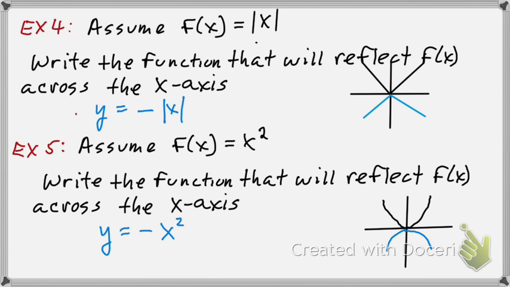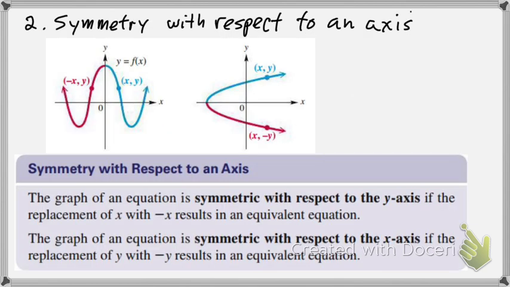Okay, let's look at that in a slightly different context. Same idea. You don't have to write this down. Just think with me here. If we look over here on the left-hand side, these are mirror images of each other, reflections.